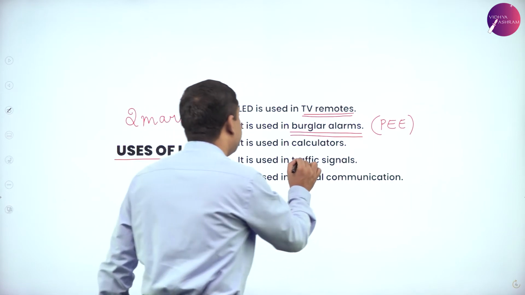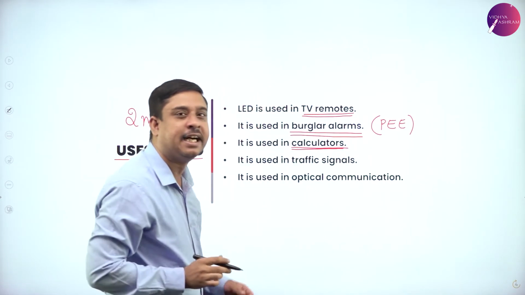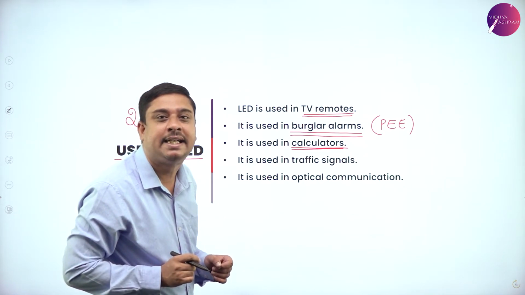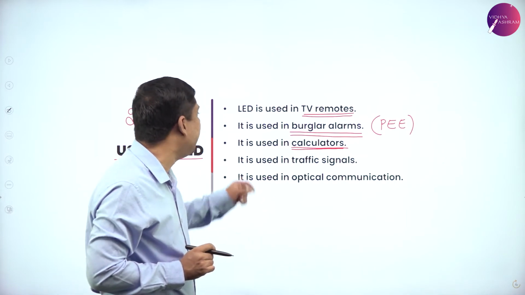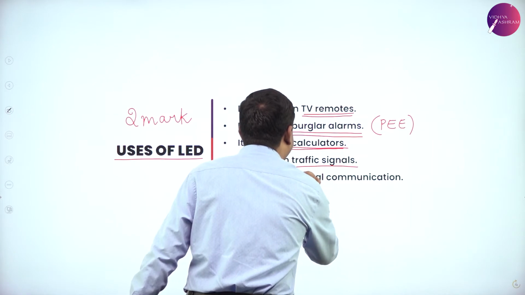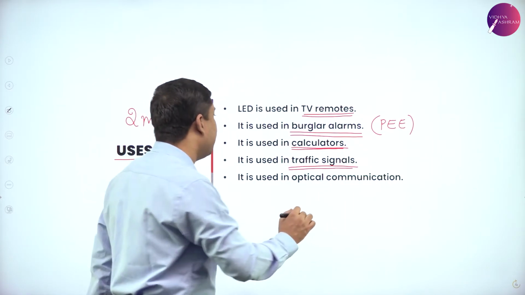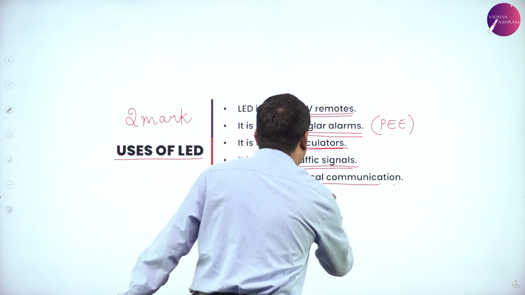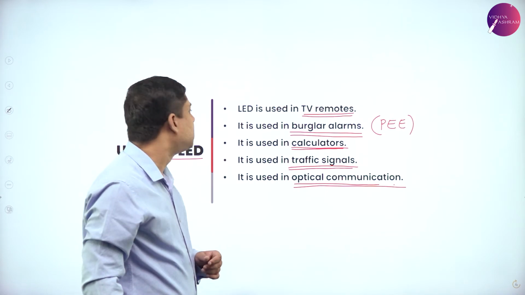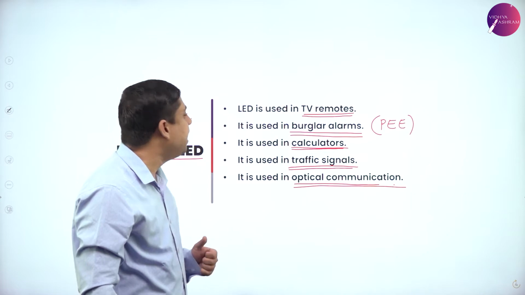LED is used in calculators, the 7-segment calculators. It is used in traffic signals, and finally for optical communication. So these are the uses of LED.